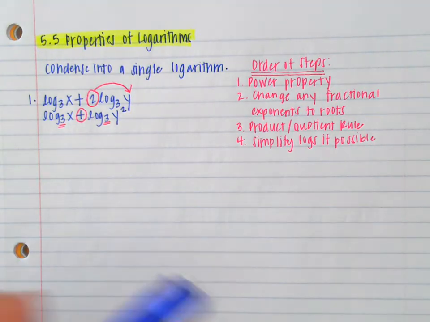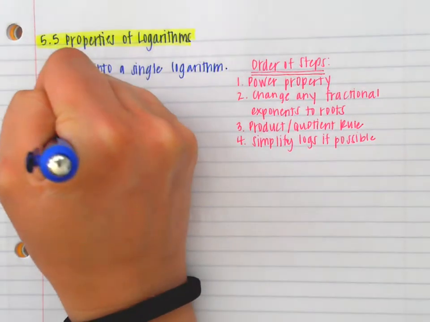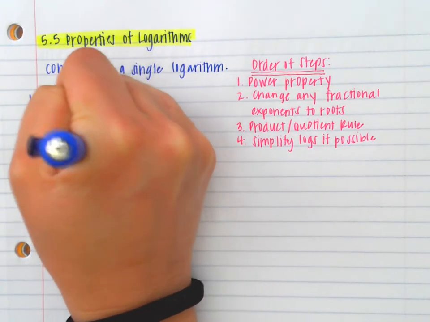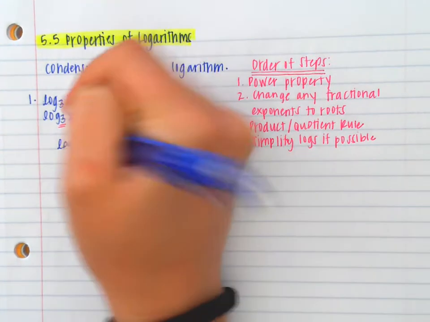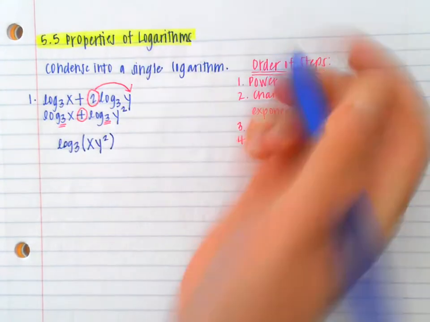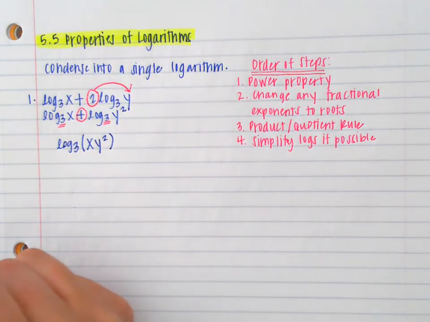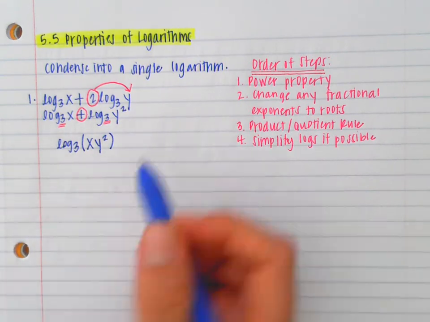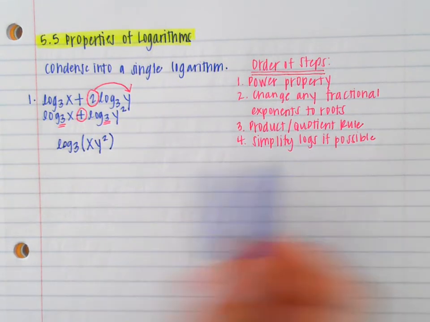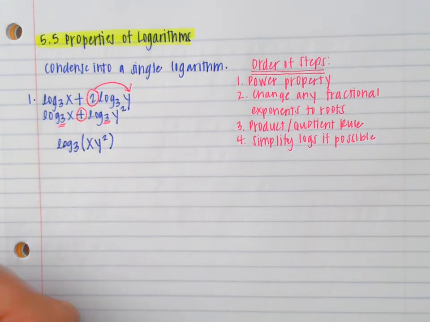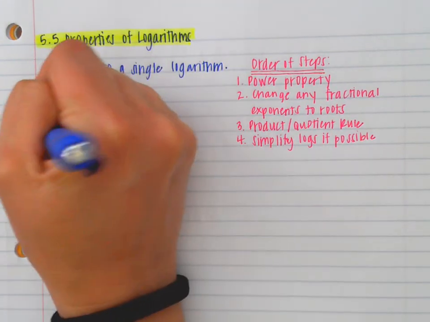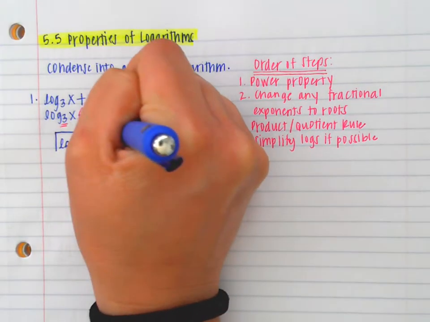When they're adding, we combine them by multiplication. So it would be log base 3 of x times y squared, which we don't have to put that multiplying in between. And then simplify the logs if possible. I can't simplify that. They're just variables. So this is my final answer.